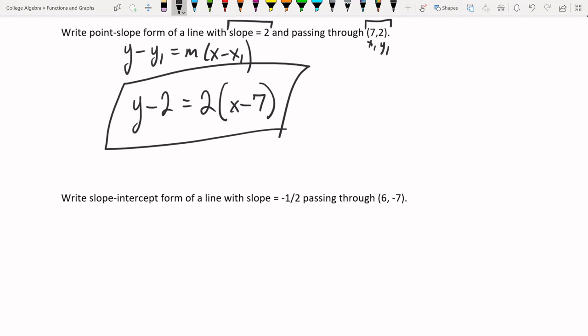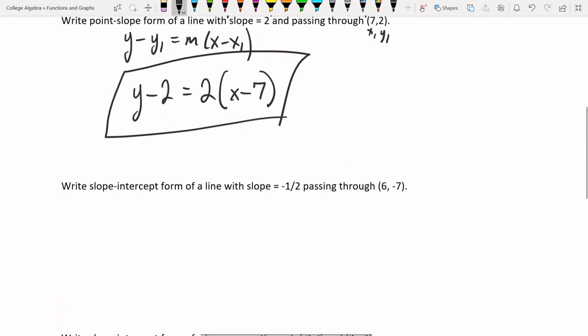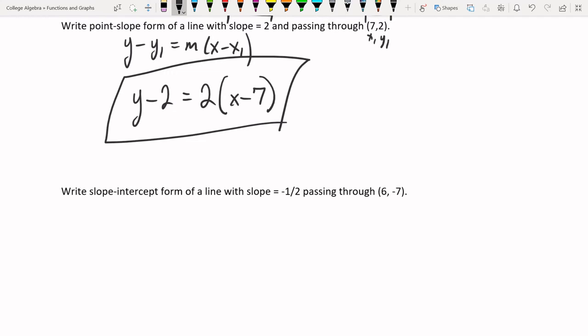And so the next one here, you see we have write the slope intercept form of a line with slope -1/2 passing through (6, -7). The way we do this is we first use the point slope form and then solve for y. If we do that, we get it into the slope-intercept form.